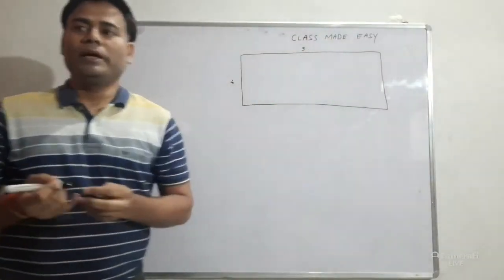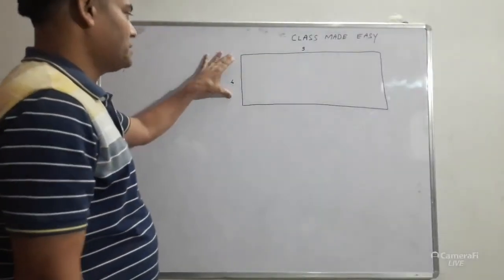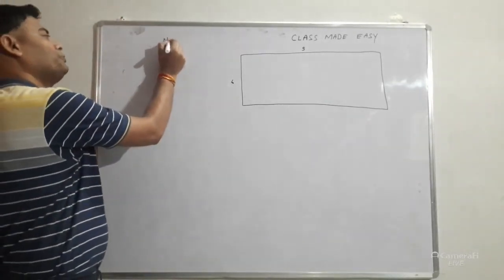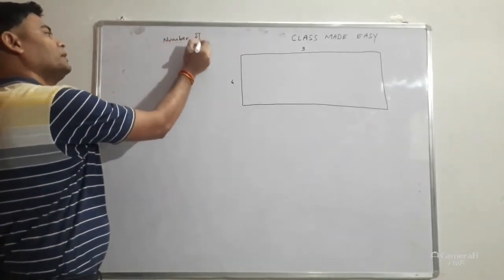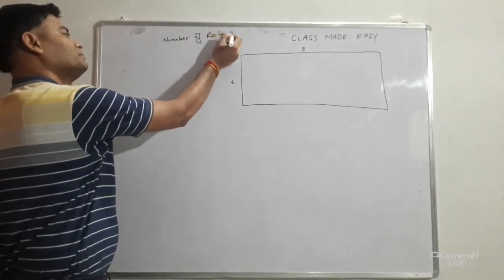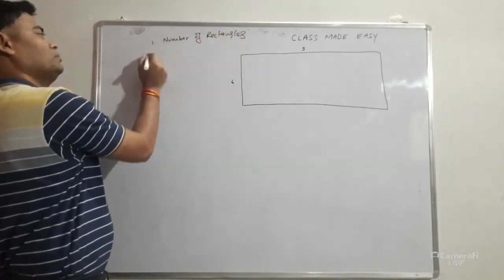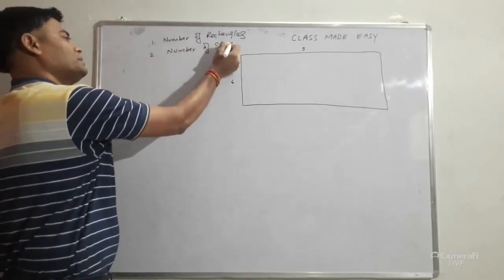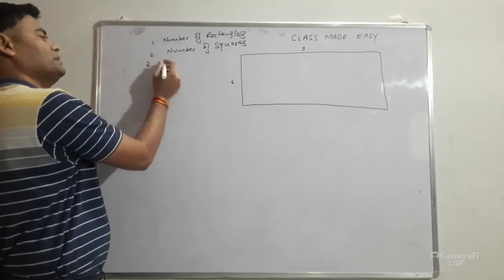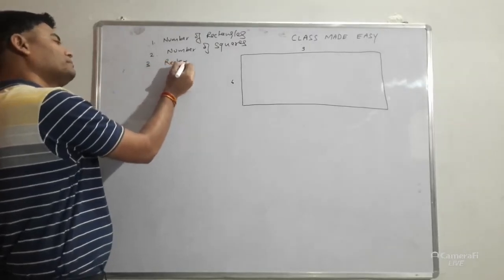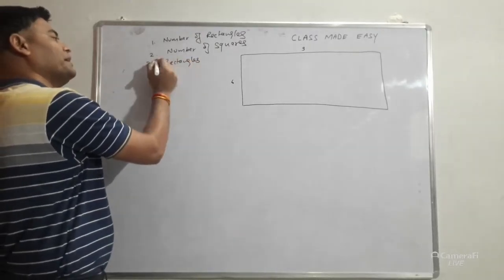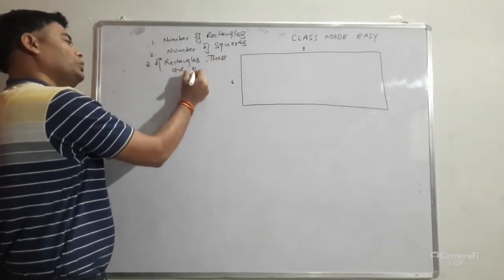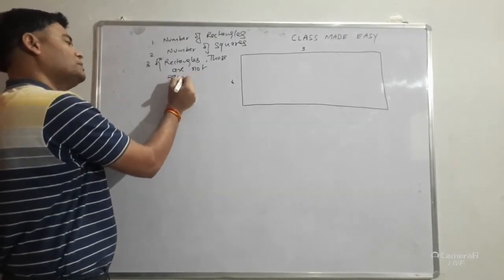In that I have to make squares and rectangles, which means we have to determine the number of rectangles first, the number of squares second, and third, the number of rectangles that are not square.